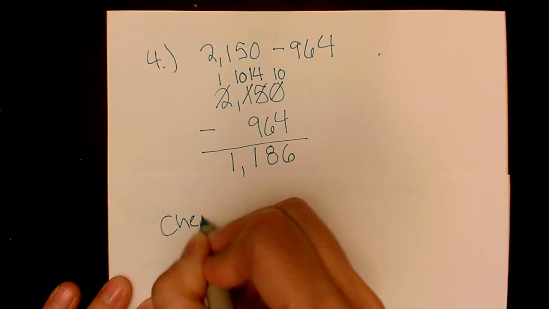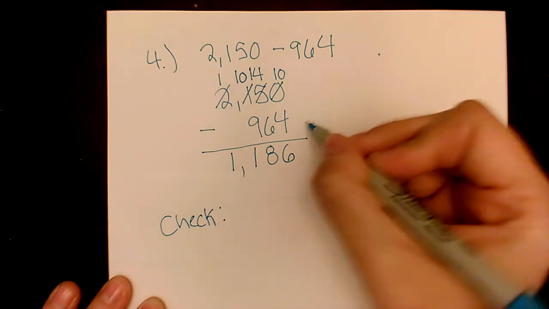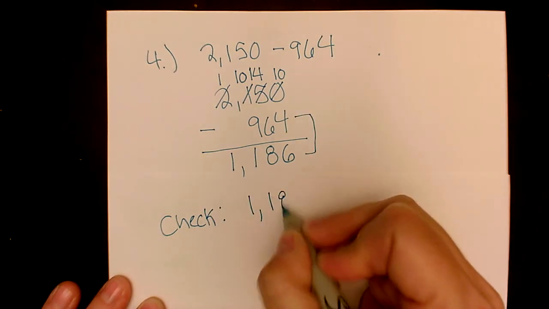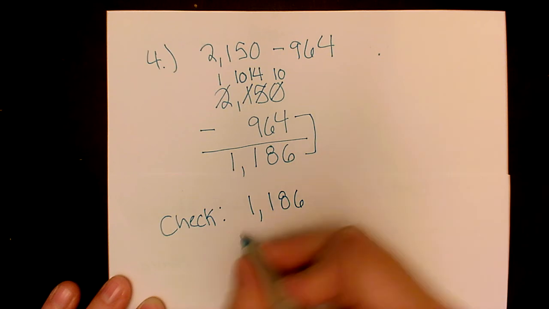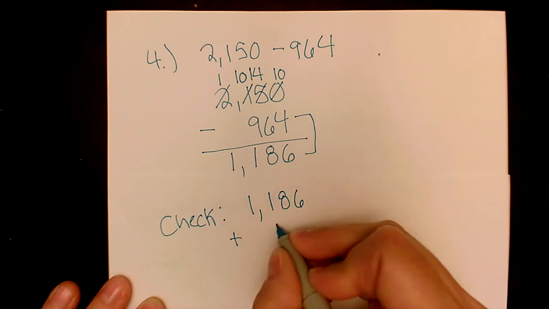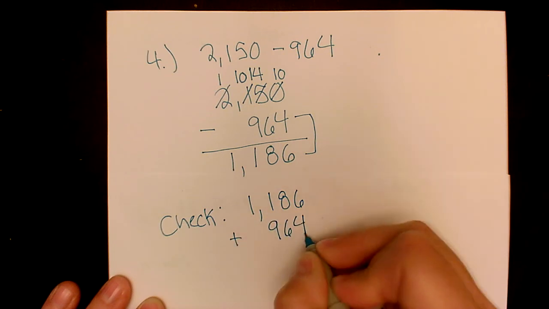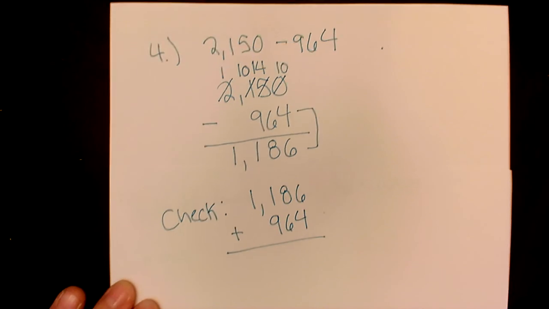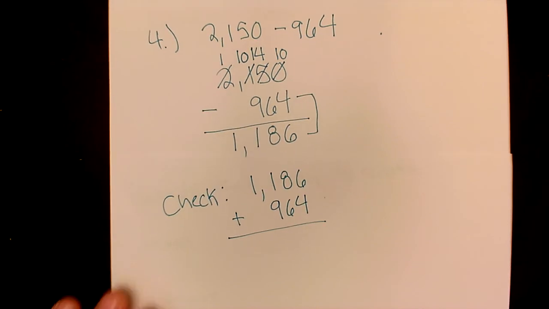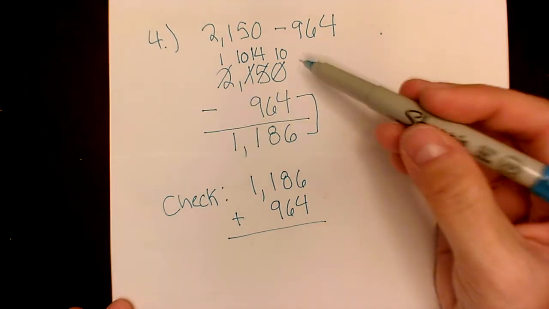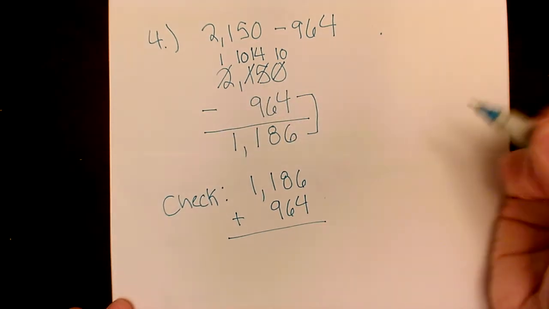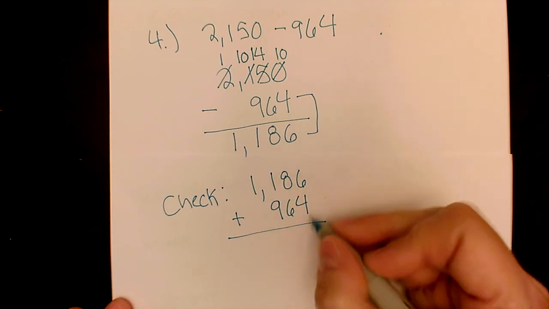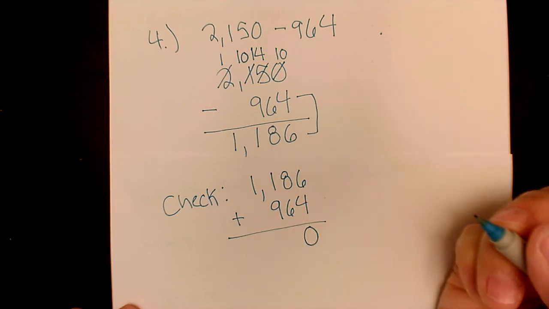Okay, let's do a check. So again, I'm going to add. I'm going to put my answer on top, and I'm going to add 964 to it. Let's see if this works. So I want to get back to 2,150. So 6 and 4 adding down is 10.